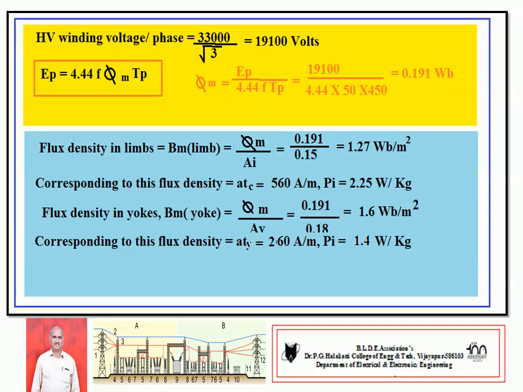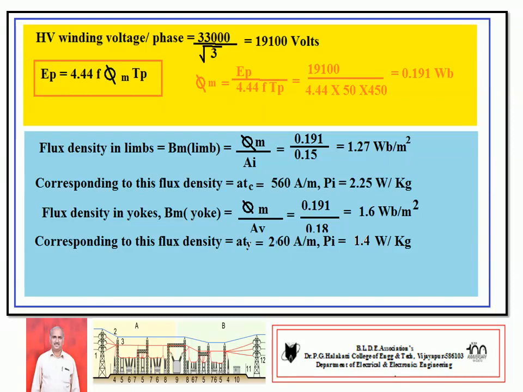So all of you write down the given data on one side. The line voltage is given as 33 kV, so you can calculate the HV winding voltage: 33,000 divided by root 3, so 19,100 volts.